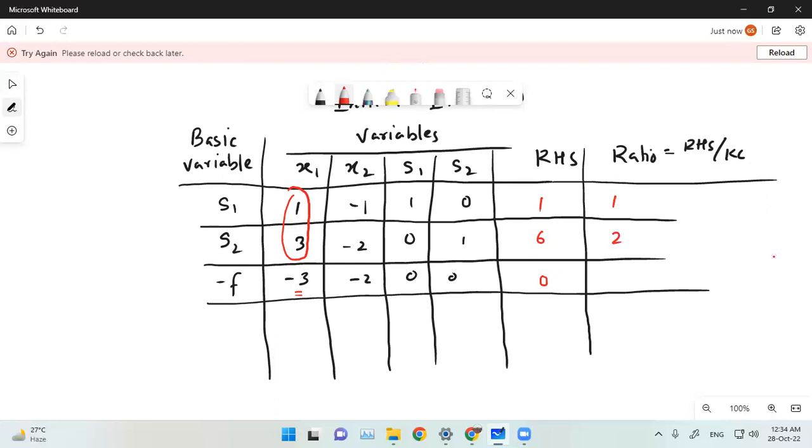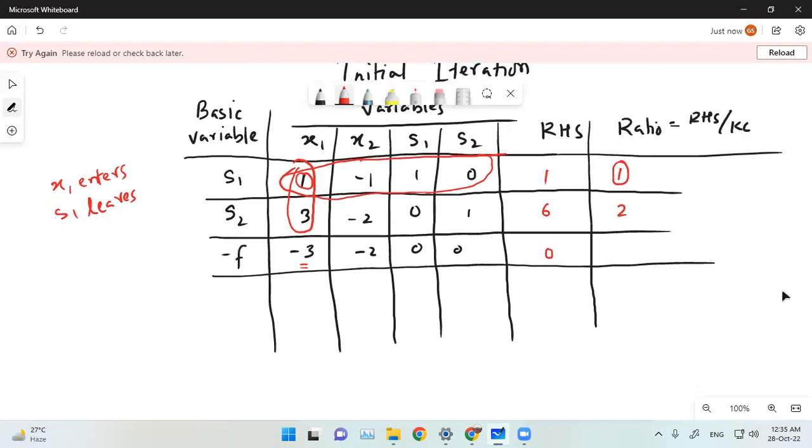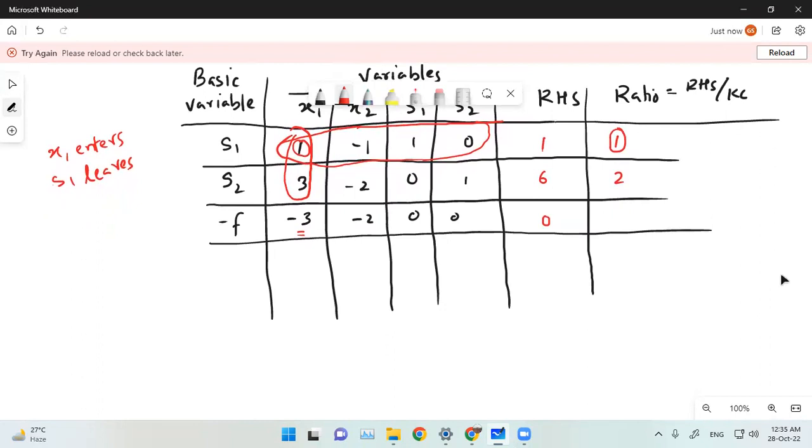This is the smallest one, so we pick this as our key row. The key element is this one. So from this we know that x1 enters and s1 leaves for the next table.